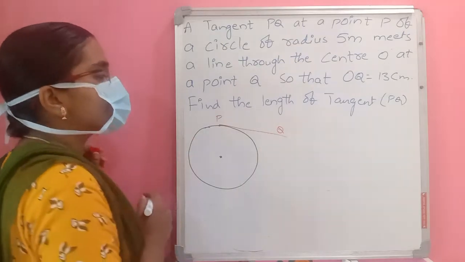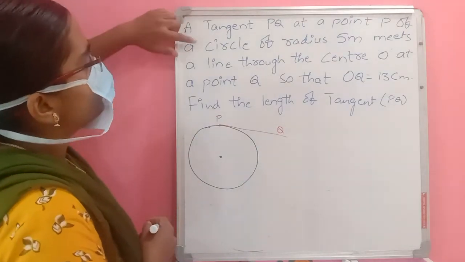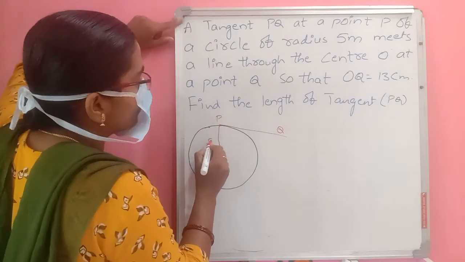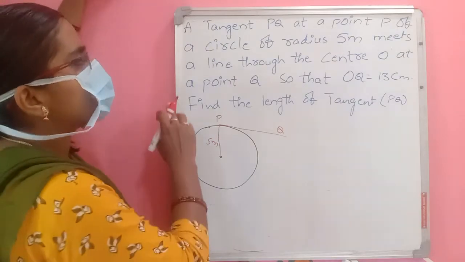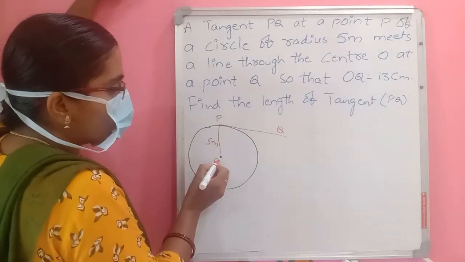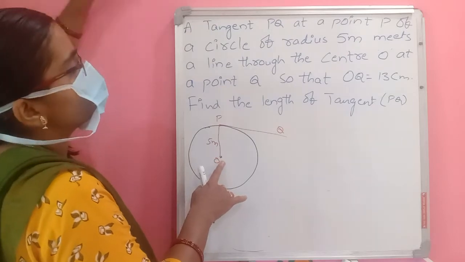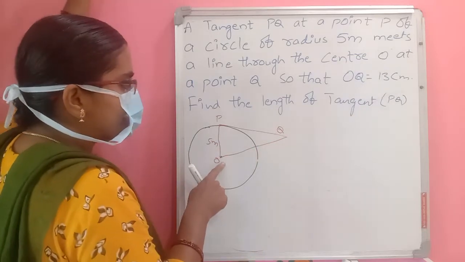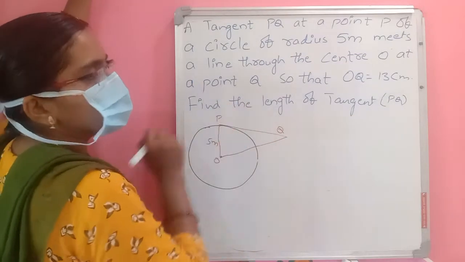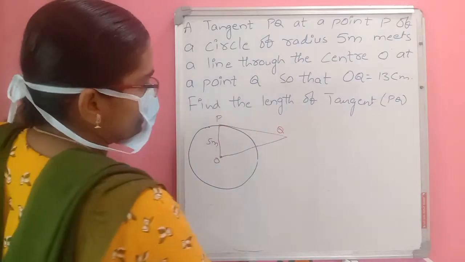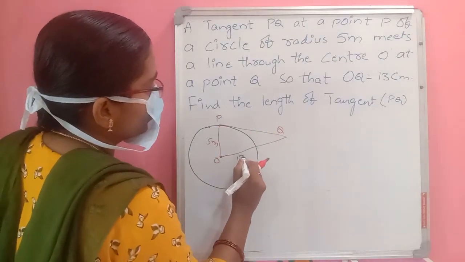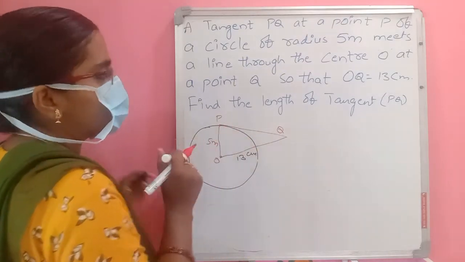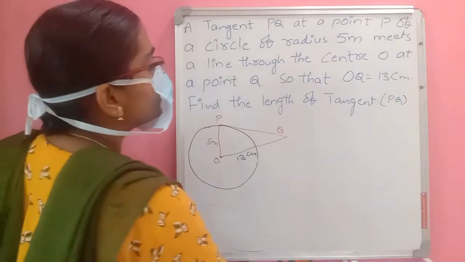It meets a line through the center O at a point Q, so that OQ is 13 centimeter. Then find the length of the tangent. Tangent means PQ. So we have to find out the length of the tangent.